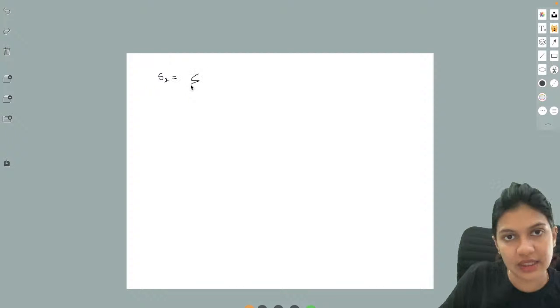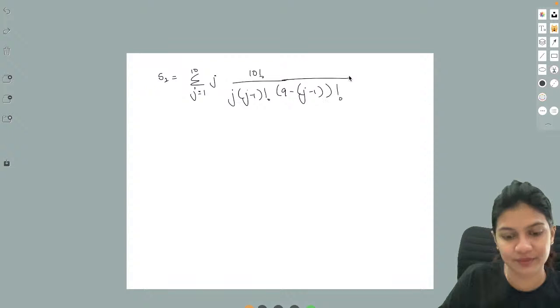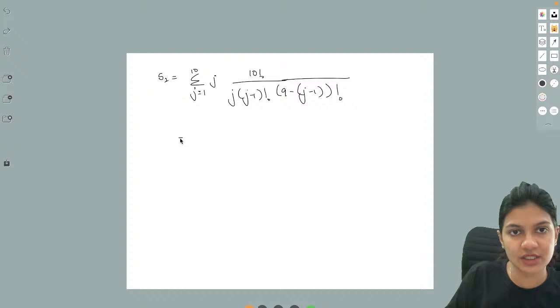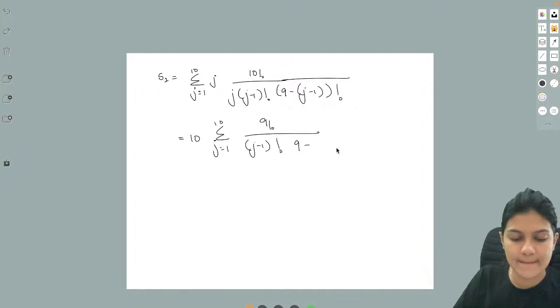S2 is sigma j equals 1 to 10, j into 10 factorial upon j into j minus 1 factorial into 9 minus j minus 1 factorial, which is equal to 10 into sigma j equals 1 to 10, 9 factorial upon j minus 1 factorial into 9 minus j minus 1 factorial, as j got cancelled.